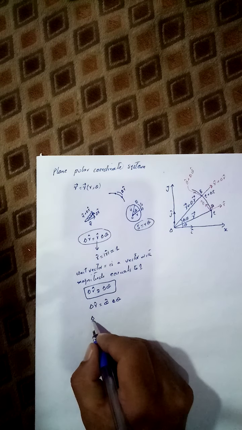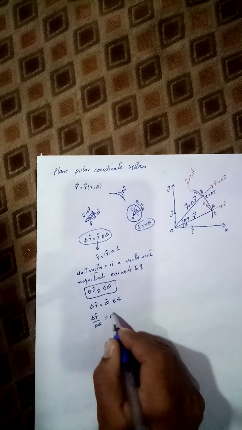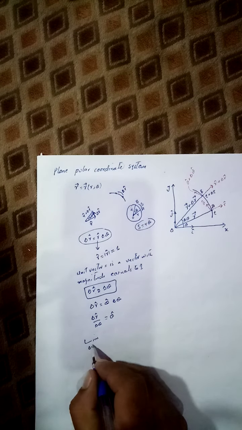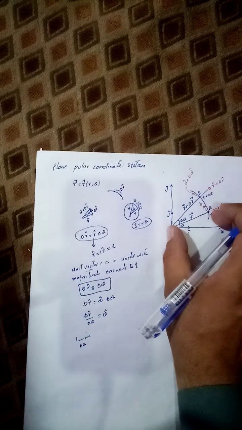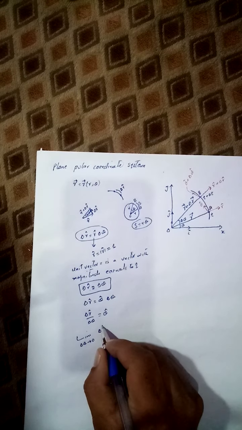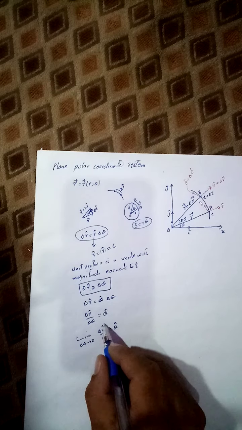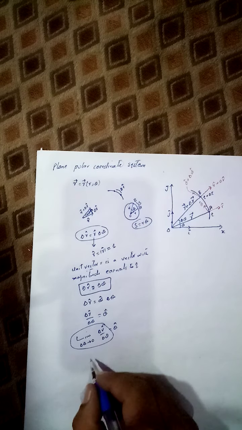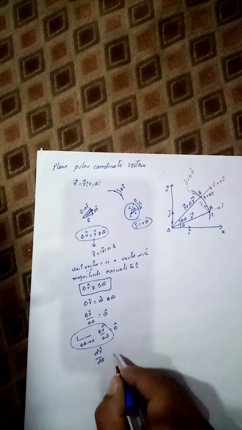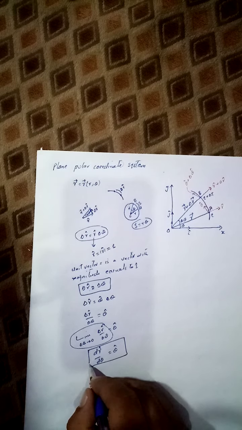Now dividing both sides of this equation by delta theta, we get this relation, and applying the limit such that delta theta, the angle from point A to point B, approaches 0, delta r cap over delta theta is equal to theta cap. This is the total derivative d r cap over d theta is equal to theta cap. This is one very important equation.